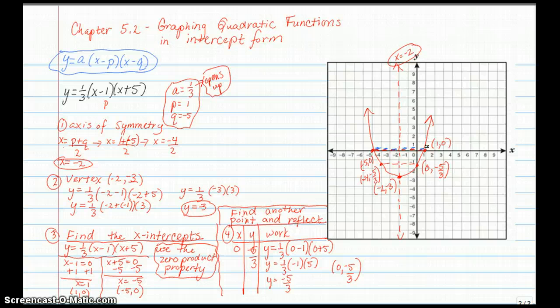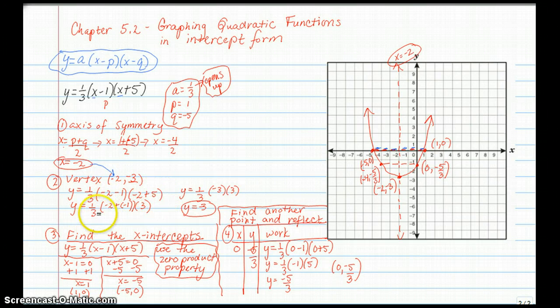For the vertex, it's very easy to find the x-coordinate because it's the axis of symmetry's equation, negative 2. To find the y, you just simply plug that negative 2 back into this x position here and here. So it's y equals 1/3 times negative 2 minus 1 times negative 2 plus 5.